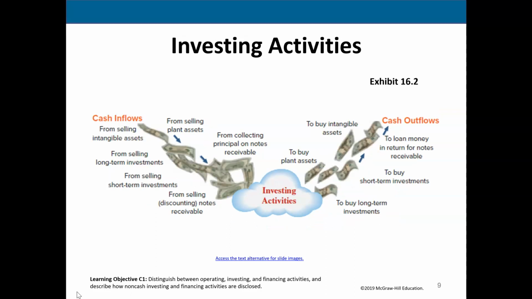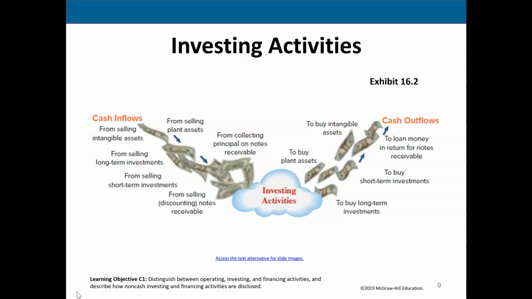The second section is investing, and different activities that would be an inflow from investing is when you sell a plant asset, you sell intangible assets, you sell long-term or short-term investments, and then selling any notes receivable. Also, if you collect on a note receivable, that is also a cash inflow for investing activities.